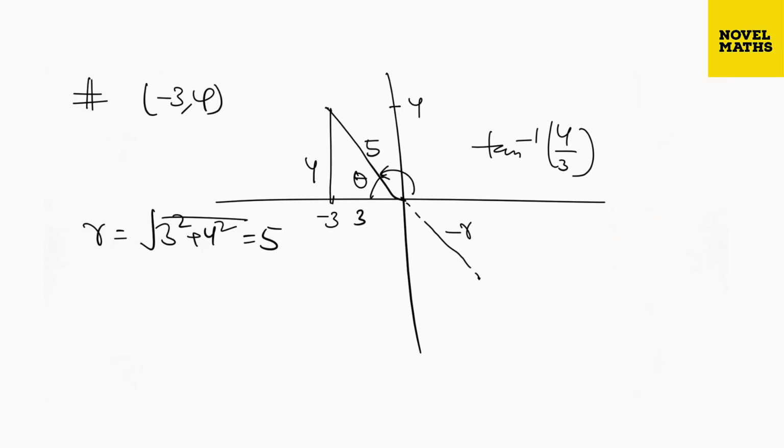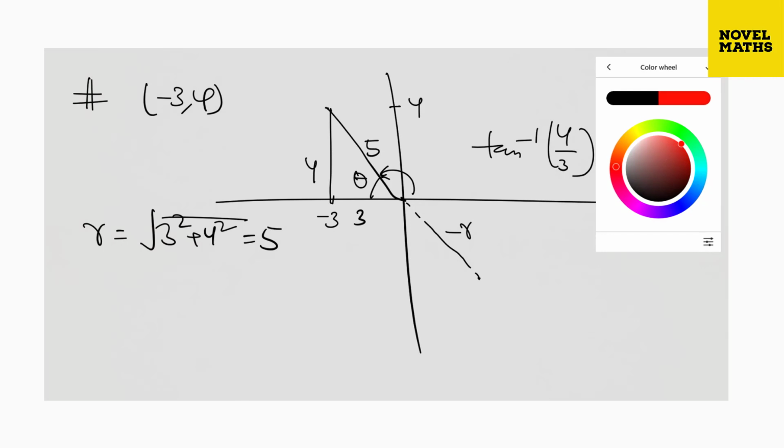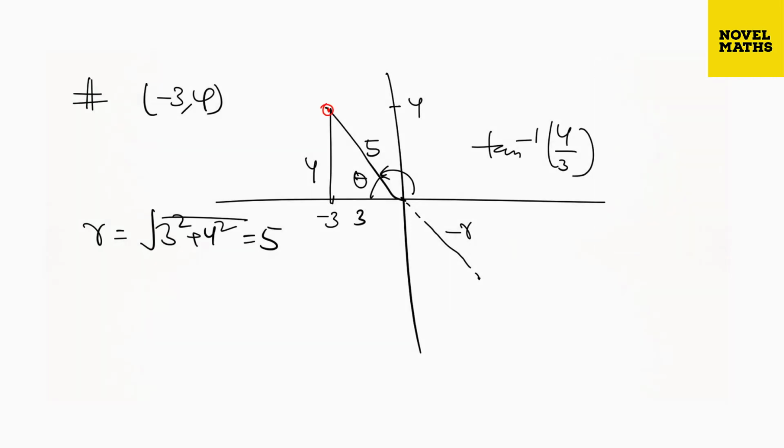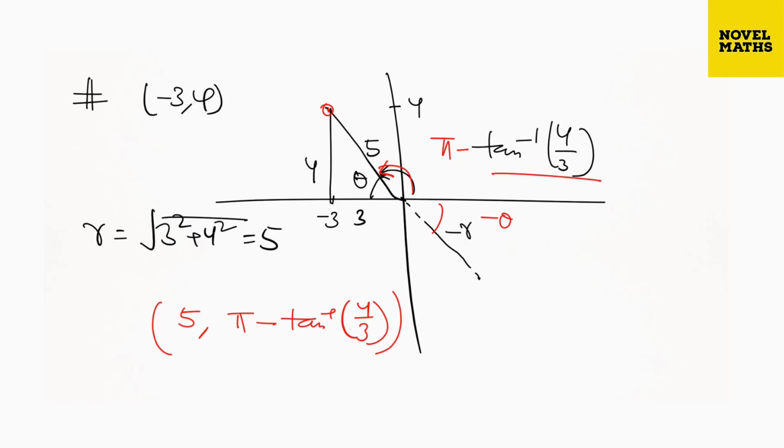This is pi, and the actual theta for this coordinate is this angle. So what is this angle? This is pi minus tan inverse 4 over 3. So the answer is 5 and pi minus tan inverse 4 over 3. Like in the last video we did negative of theta, similarly we are doing here pi minus that angle.